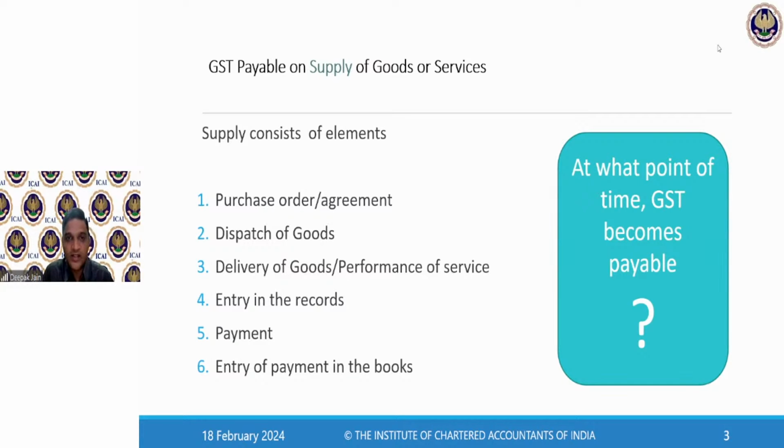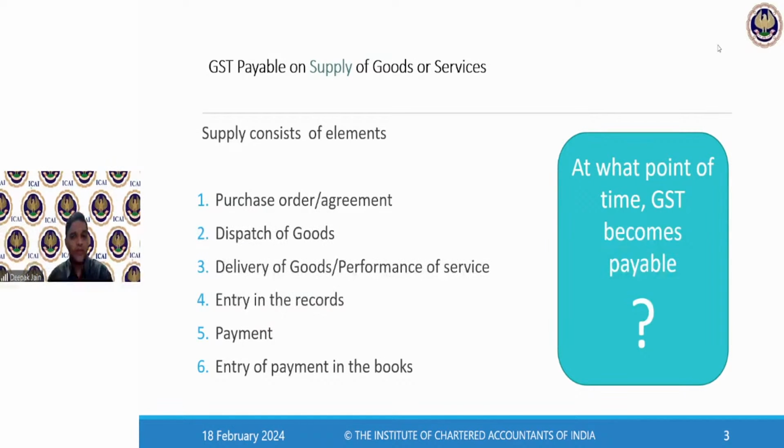Dispatch starts when your goods are taken out from the factory, then it will be delivered at the customer's premises if the agreement is such that the goods have to be delivered. So dispatch and delivery are very interlinked, but dispatch starts when the goods are coming out of your factory, and then delivery happens when the goods are actually delivered.